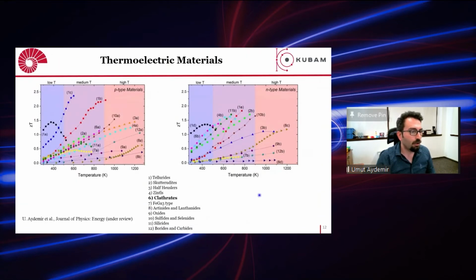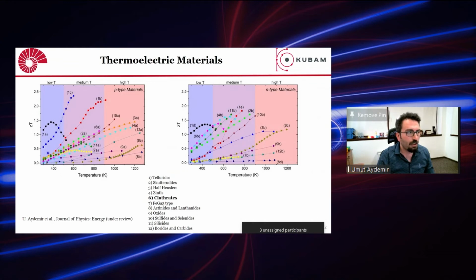Okay, so here I show you the best p-type and n-type thermoelectric materials for different types of thermoelectric families, and focusing on the clathrates, you can see the p-type ones are here in the pink one, and for the n-type it is shown here.